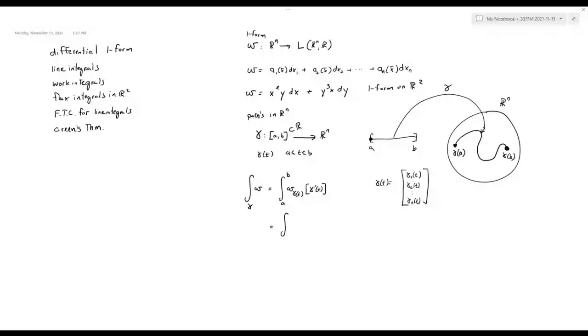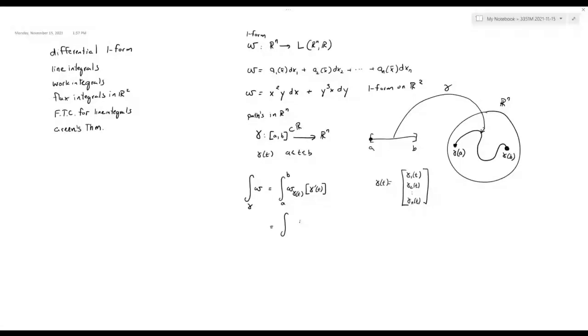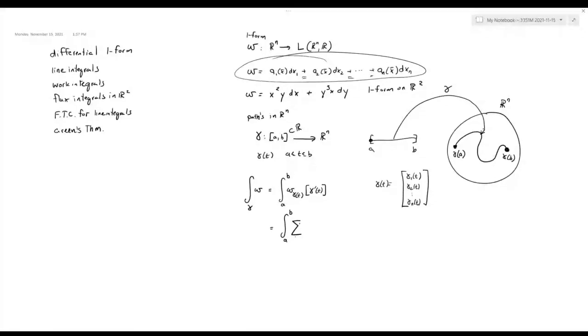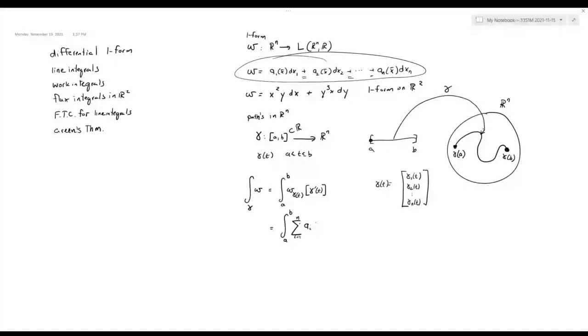Okay, so how can we write this? We're using this generalized omega here. So you would get the integral as t goes from A to B, and then this is really a sum, so I'll use the summation symbol, of A_i at gamma of t.